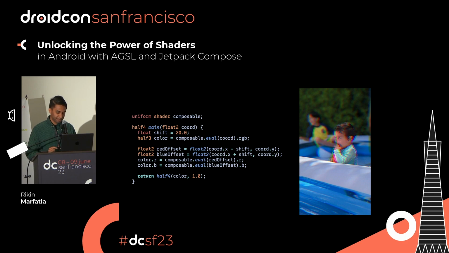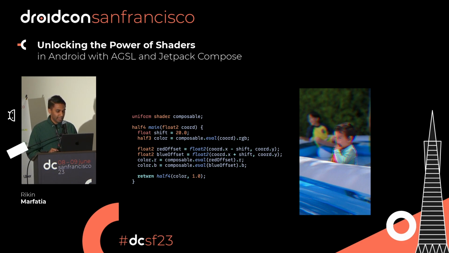create our effect. What we're doing here is we want to apply an offset to the red and blue color channels. So I'm setting up a shift, and I'm setting it to 20 as an arbitrary value, and then I'm grabbing the color from our image shader just to set up our base color palette.